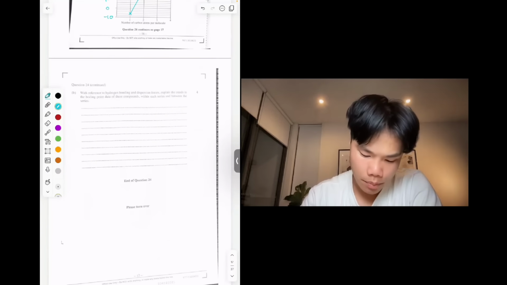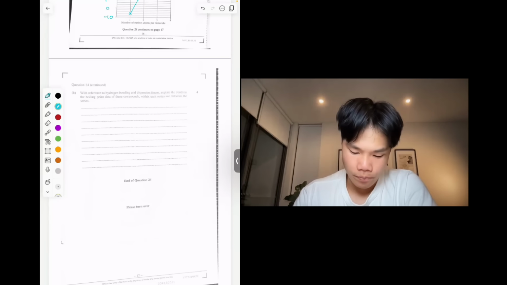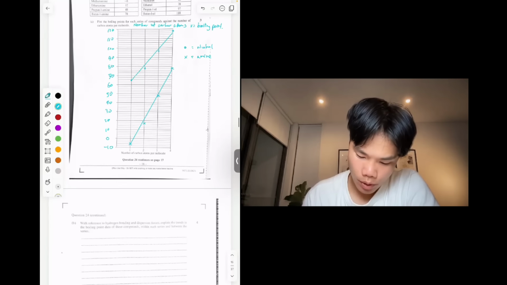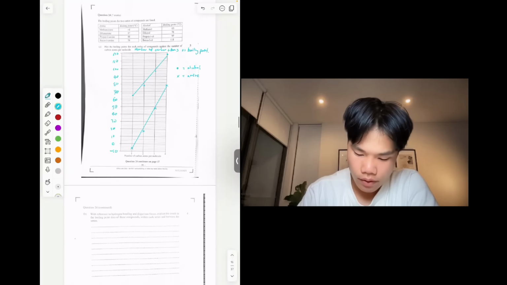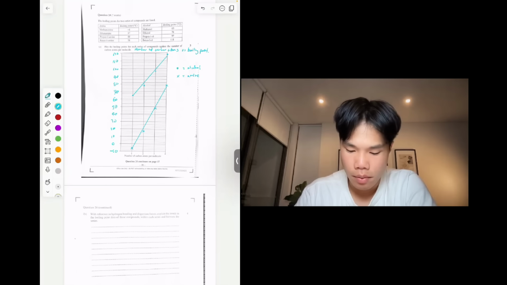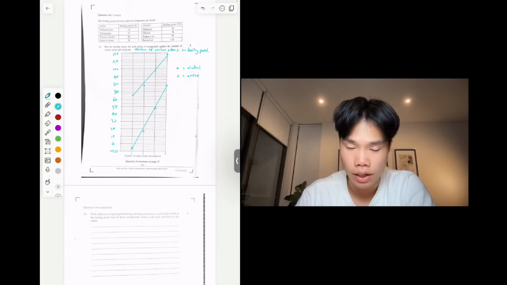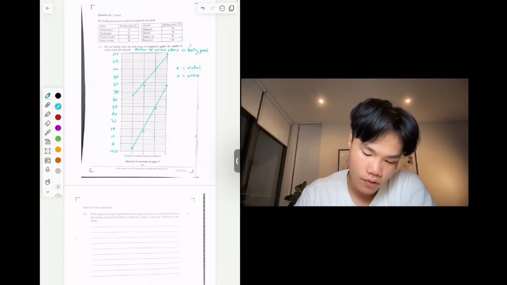Okay. Part B, with reference to hydrogen bonding and dispersion forces, explain the trends in the boiling point data of these compounds within each series and between the series. Okay, so you're explaining basically that for methanamine and alcohol, these both have hydrogen bonding, but one of them has hydrogen bonding that is in fact stronger than the other, which explains why alcohol is at a higher boiling point for each carbon than amine.